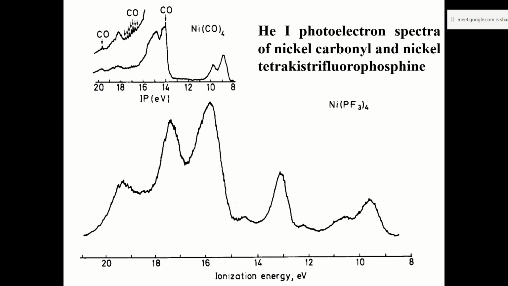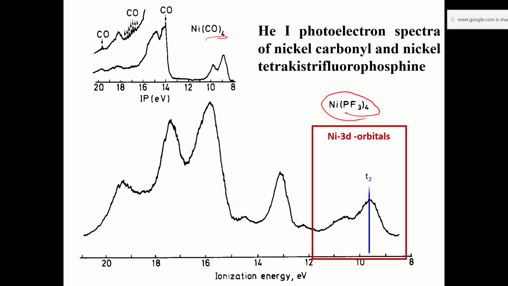One more thing: this is another example of the application of photoelectron spectroscopy, to the nickel complexes NiCO4 and NiPF34. Two complexes have been compared. Again, what you have to see is the nickel 3d orbitals.